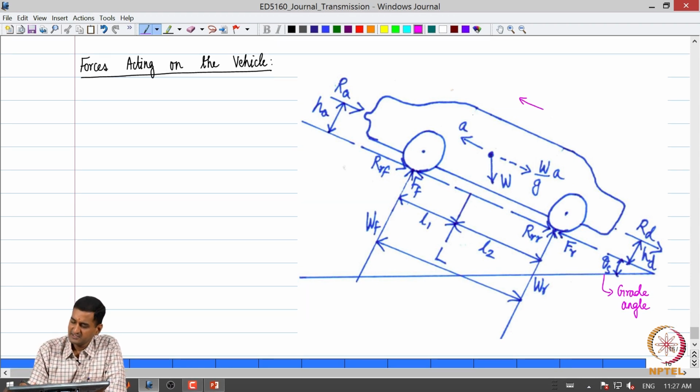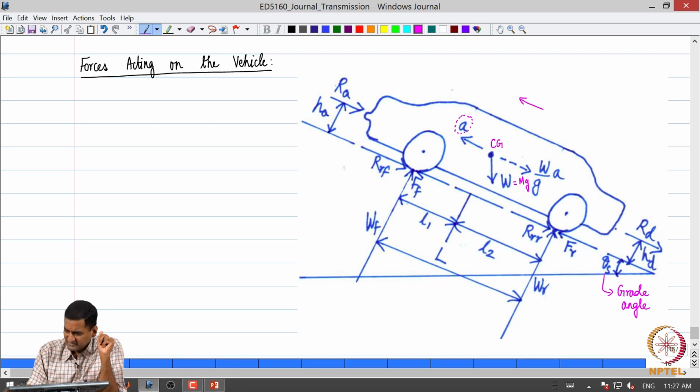Let us say the acceleration of the car is some a, and this is the center of gravity of the car. W is the weight of the car, which we take as m times g, where m is the mass multiplied by acceleration due to gravity.